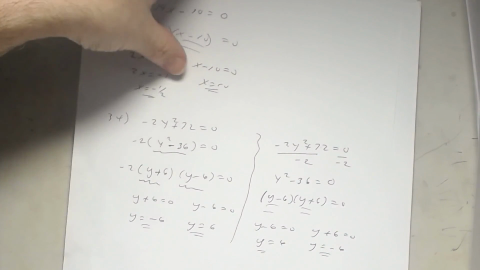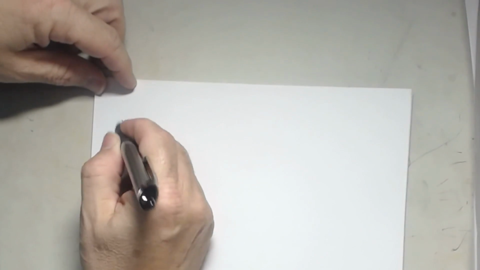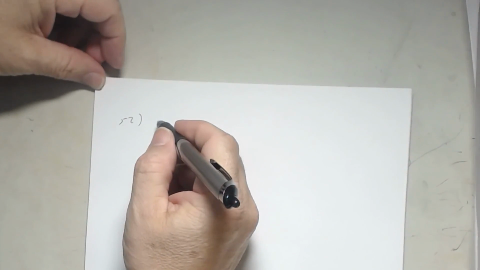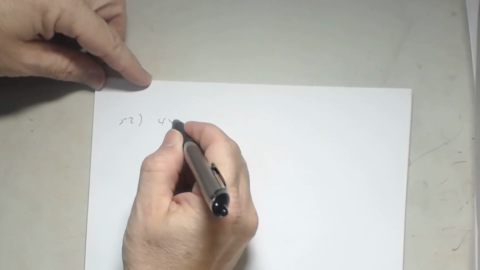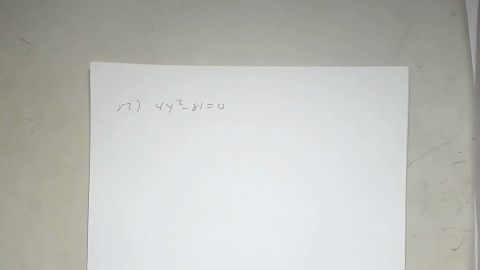All right, let's look at 52. You have 4y squared minus 81 equals 0. What do you think?